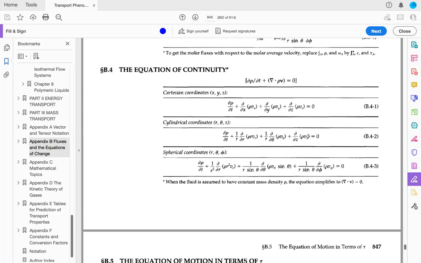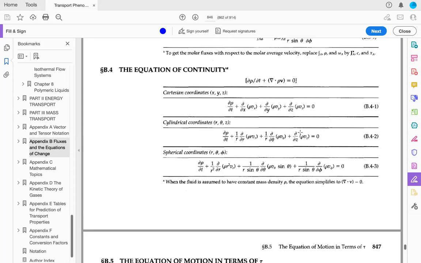No. Do we have dou over dou z of rho v_z, a change of velocity in the direction of z with z? No. So for the equation of continuity, both sides are 0, and we don't need that.